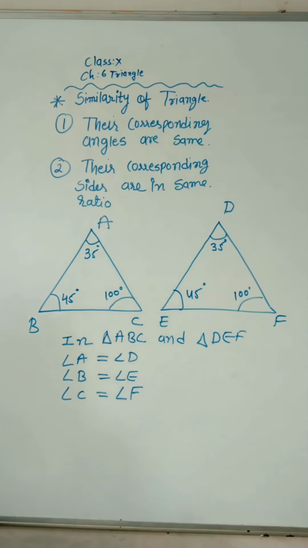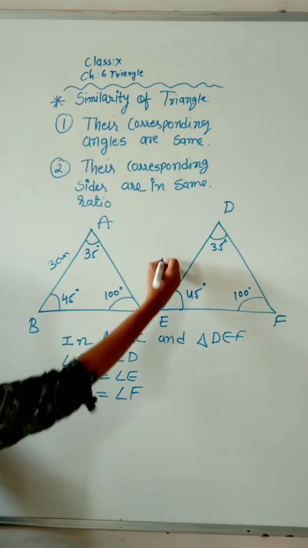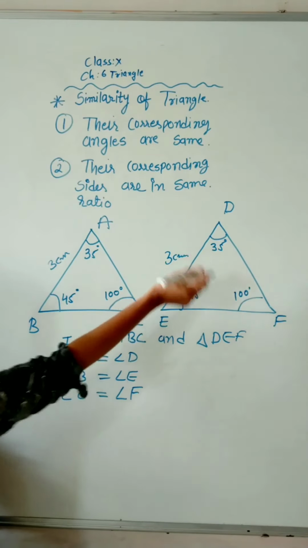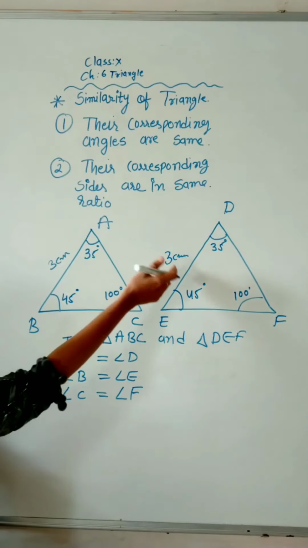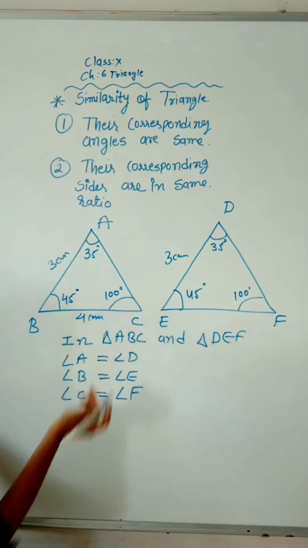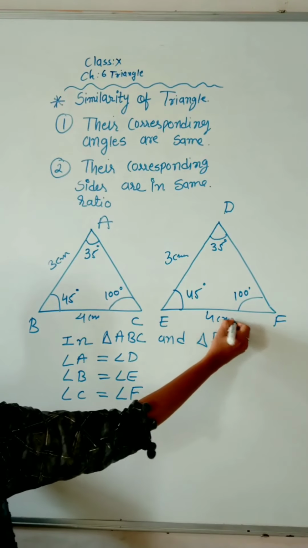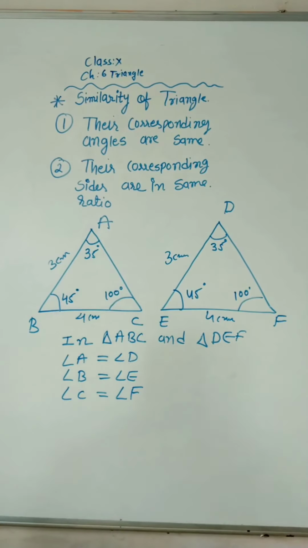Then we were moving towards another three parts of the triangle, means sides. If this was 3 cm, we were taking this one also 3 cm. If side BC is 4 cm, EF we were also writing as 4 cm.